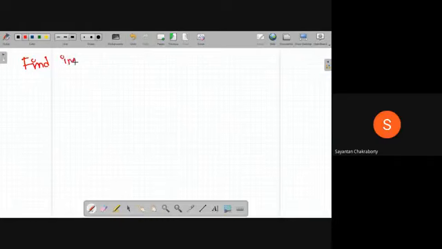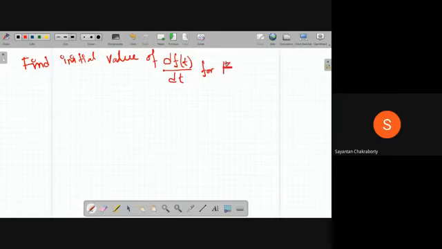Find the initial value of df(t)/dt for F(s) equal to (2s plus 1) divided by (s square plus s plus 1).